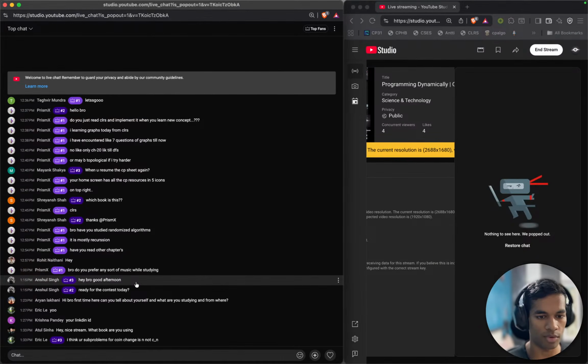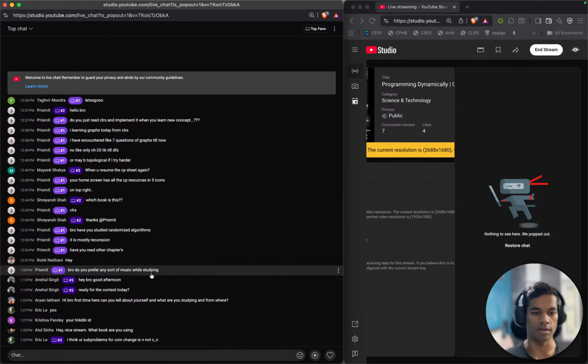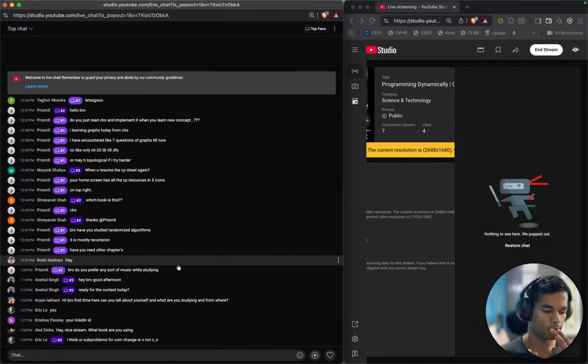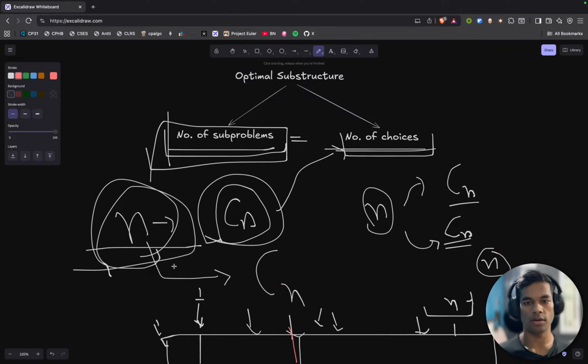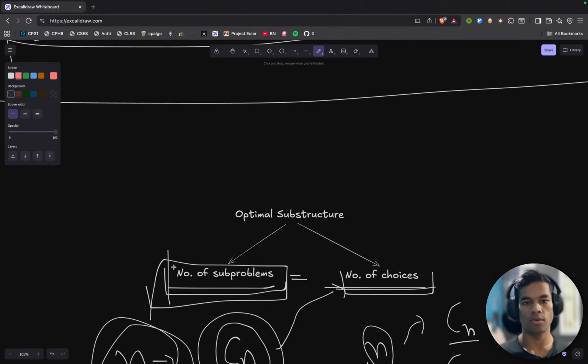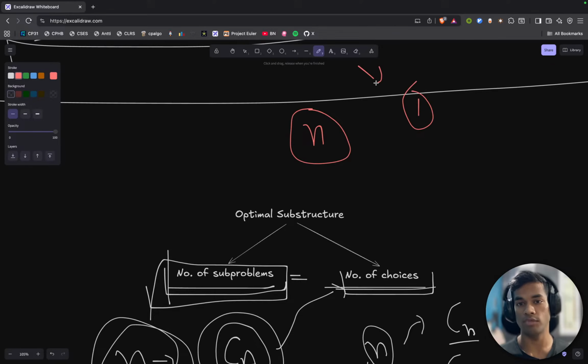I think your subproblem for coin change is not Cn, is n, not Cn. Okay, it would be n, the number of subproblems would be n if we have a coin of size 1, because then you would have n minus 1 as a subproblem and n minus 2 as a subproblem till 1.